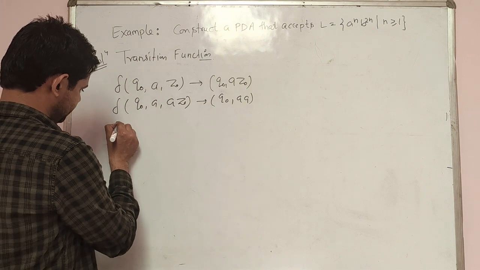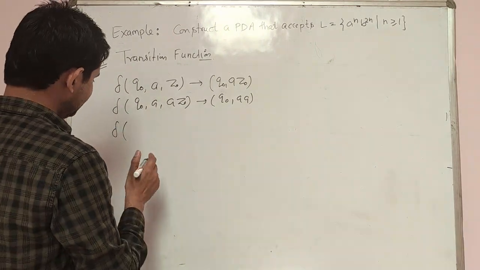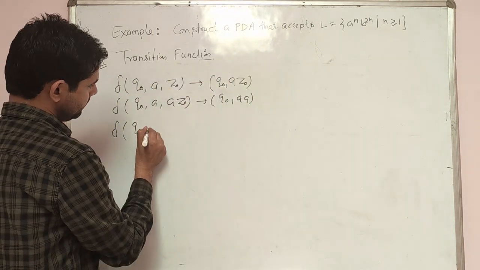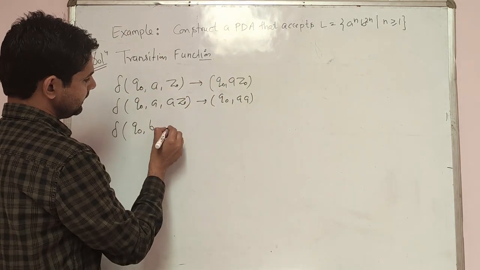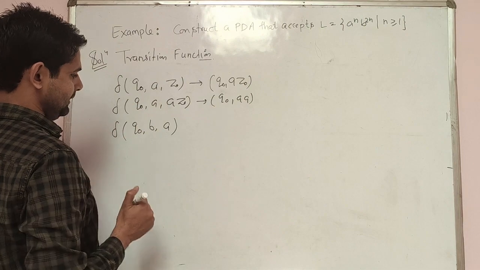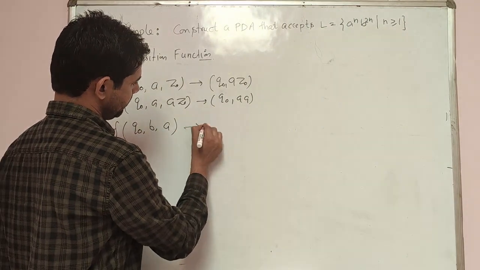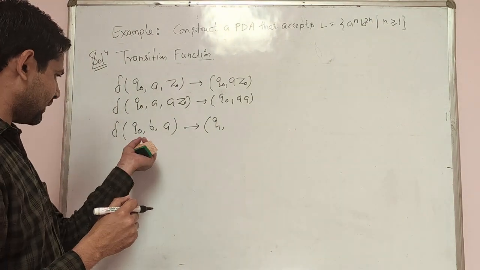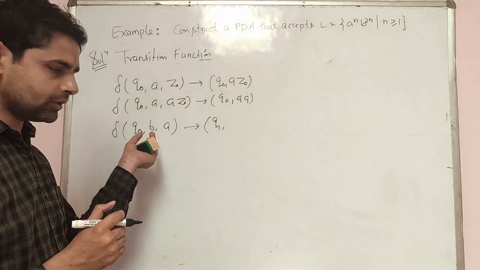Then we are on Q naught, and we will read B. Stack top is A. Then we will change the state, and we are not storing that B into the stack.